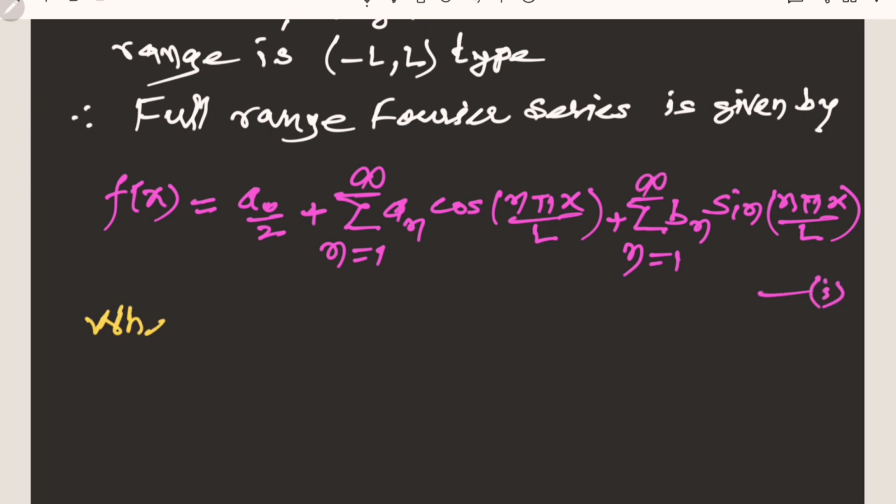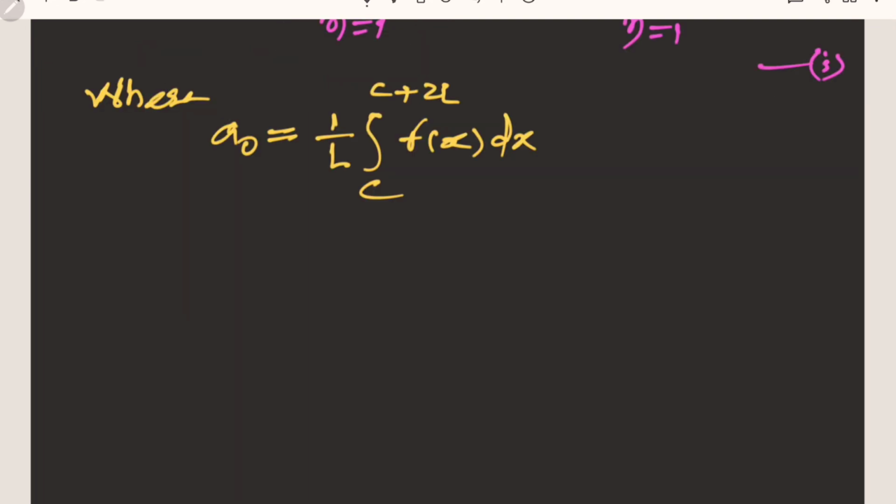where the first Fourier coefficient is a0, given by the formula 1 by L integration from C to C plus 2L of f of x with respect to x. Substituting the value of L and the limits, 1 by pi integration from minus pi to pi of f of x dx.